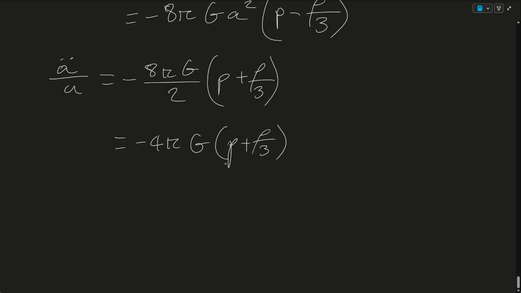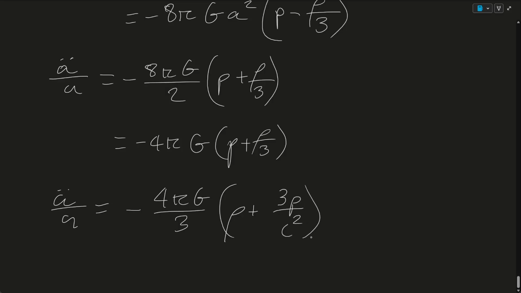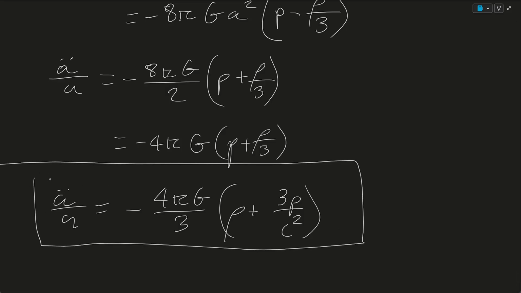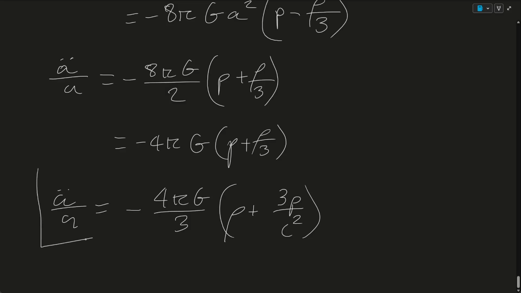And then we can restore our c. And so we have that a double dot over a is equal to minus 4 pi G over 3 times rho plus 3p over c squared. Now, box. Nice, and that was the world's worst box I think the world has ever seen.